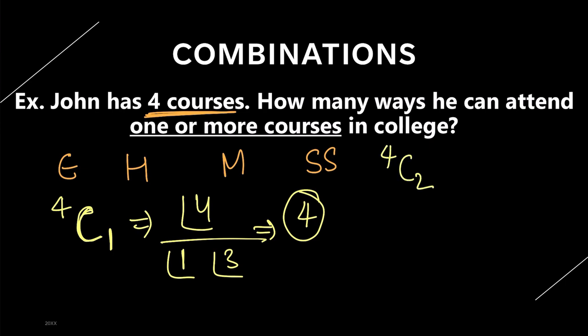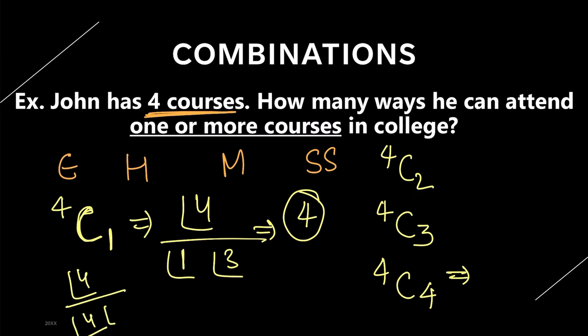He can pick one course or two courses, his choice. He can pick three courses, his choice. He can pick all four courses, his choice. We don't care. But he has to pick at least one course. So 4C4 is again 1.